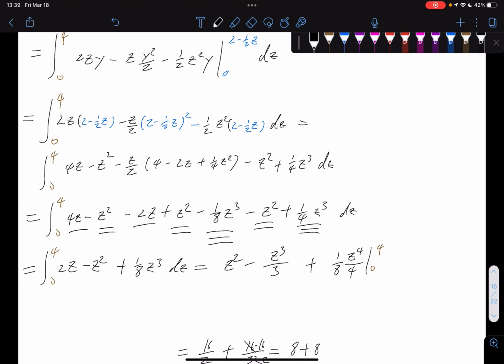This still doesn't look correct though, because I should have a constant number. But anyway.